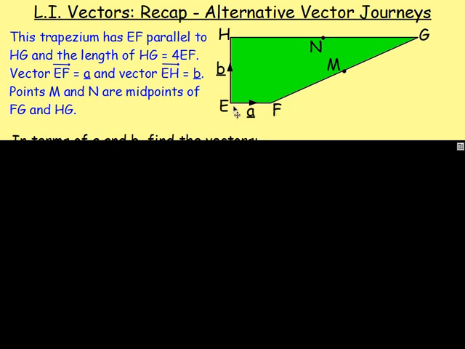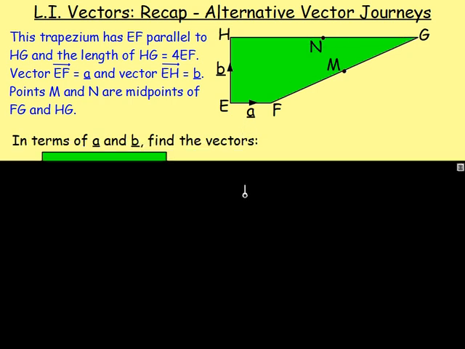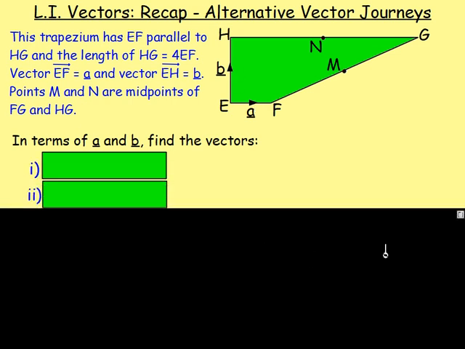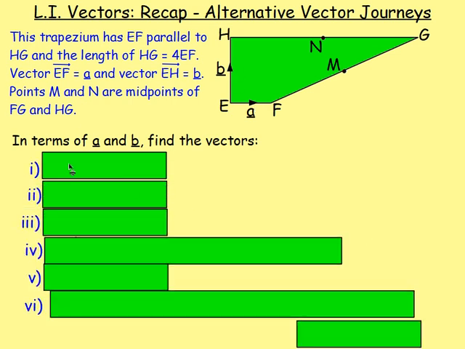Vector EF, I'm going to call that just vector A, and vector EH, I'm going to call that vector B, so this line here. Points M and N are the midpoints of FG, so there is point M, and midpoint of HG will be N. So in terms of A and B, so using these two vectors, write down the values of, let's go first of all with HG.